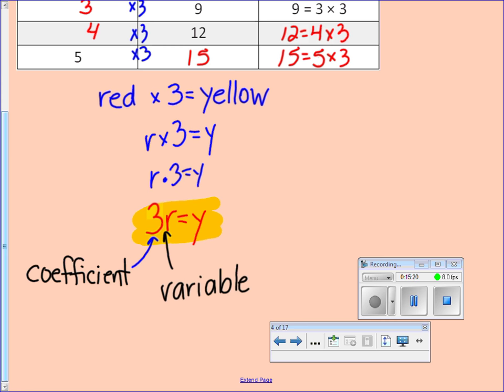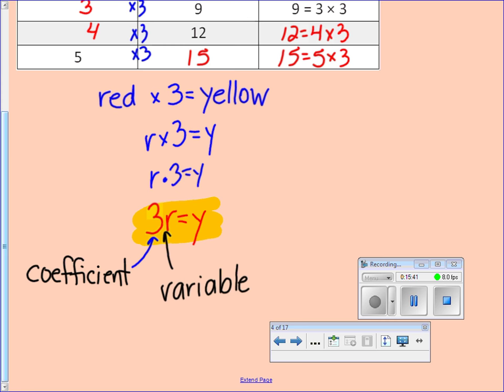So Mrs. Lebowski, on my main module assessment next week, if I write R3 equals Y, are you going to take off points? Yes, because technically this is the more right way. This is the righter way. The coefficient comes first, so there. That's it. Deal with it.